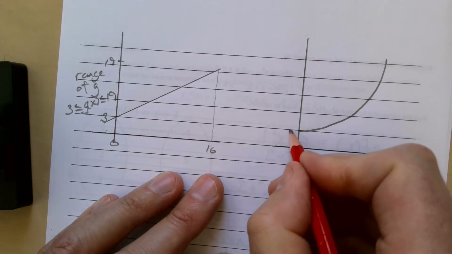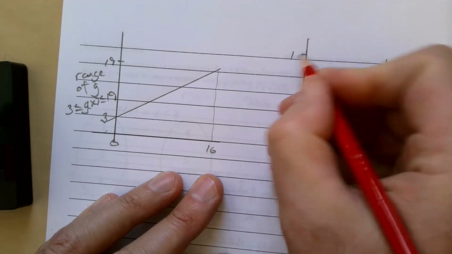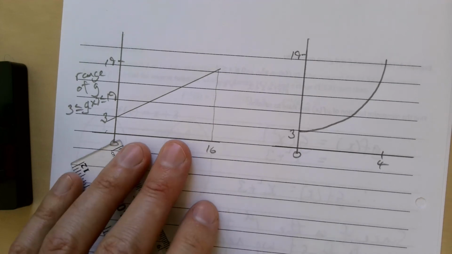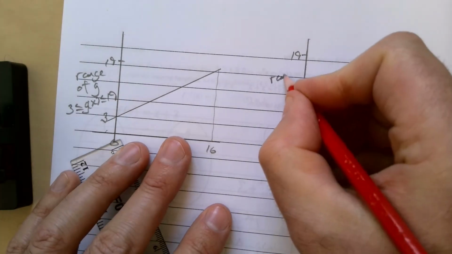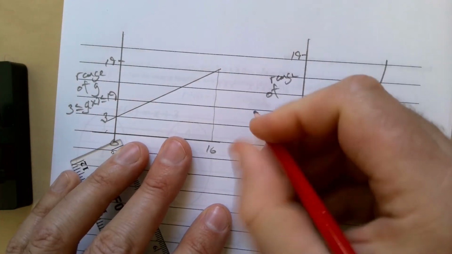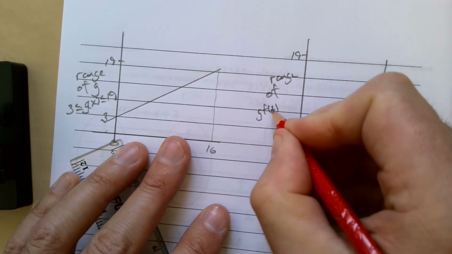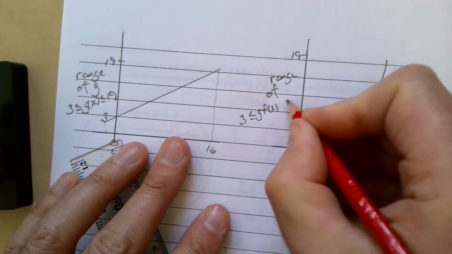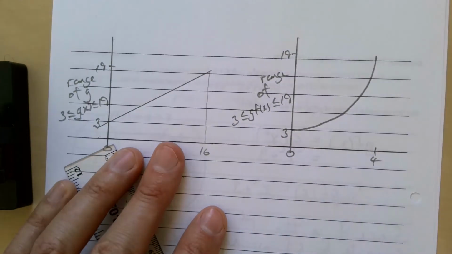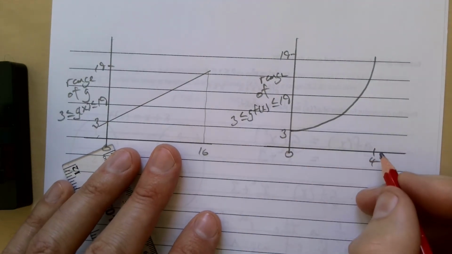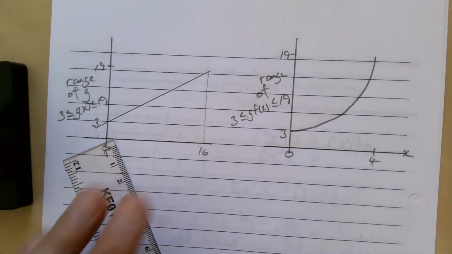And what numbers can we get out? We can get out from 3 to 19. So we're just trying to relate these functions really to the graph. So that's the range then of g of f of x, which is of course between 3 and 19, and the numbers we're putting in then are between 0 and 4.